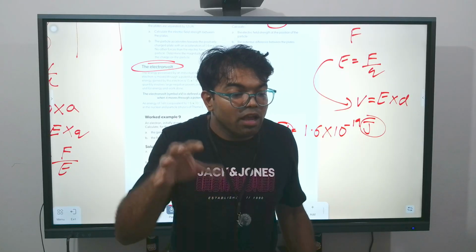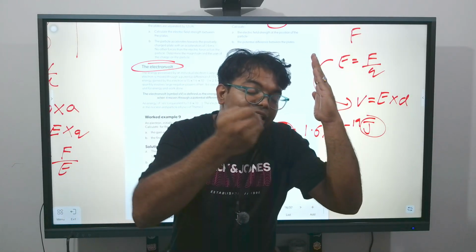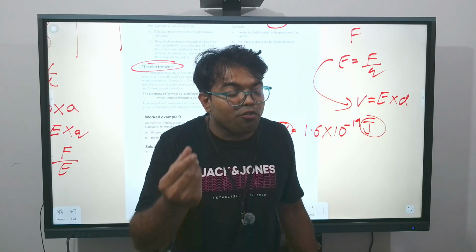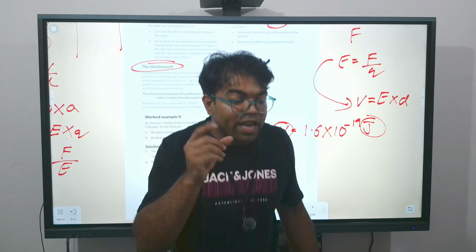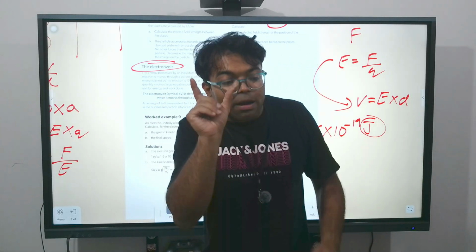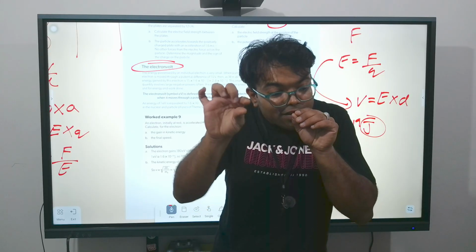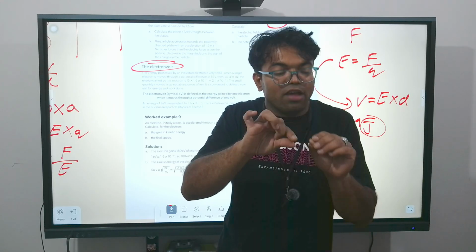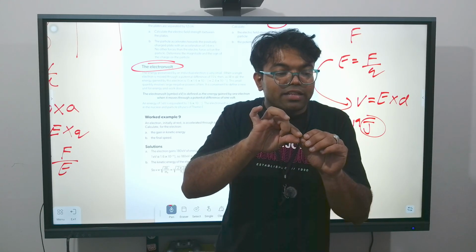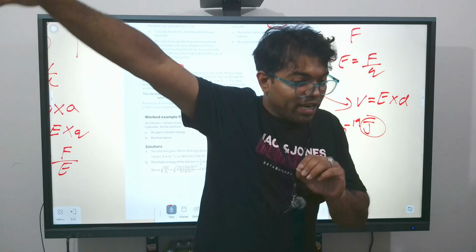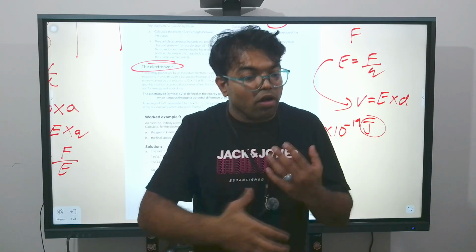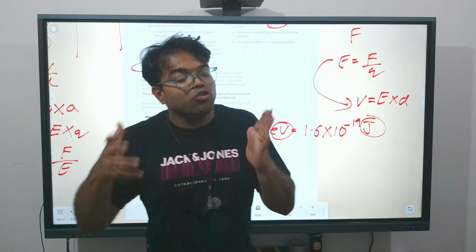The potential energy: when you were doing work against the electric field, the charge was storing energy in the form of potential energy. It's just the same way as when you compress a spring. Whenever you compress an object with the spring, as soon as you remove the force, what happens? The object just gets thrown away forward because of the decompression of the spring. You can imagine this to be the same.